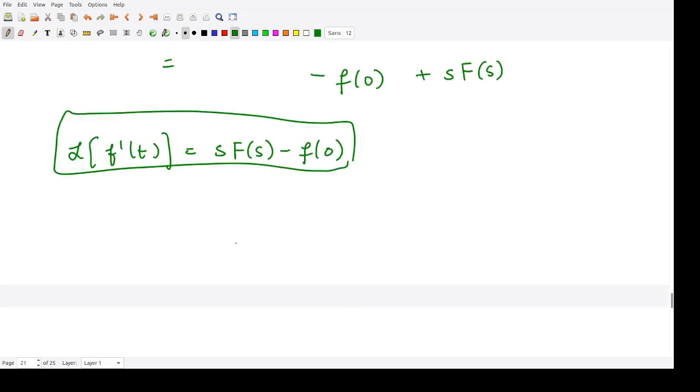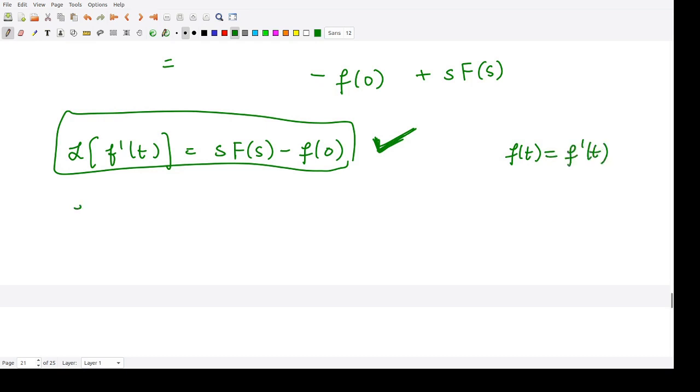Next we will apply this property again on the second derivative. So instead of f of t, your function now is f dash t.